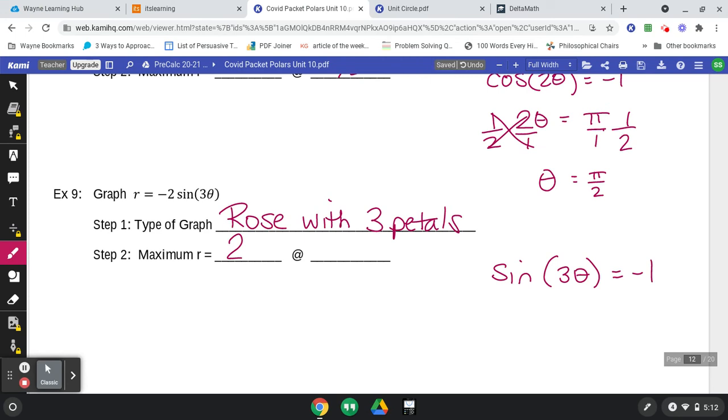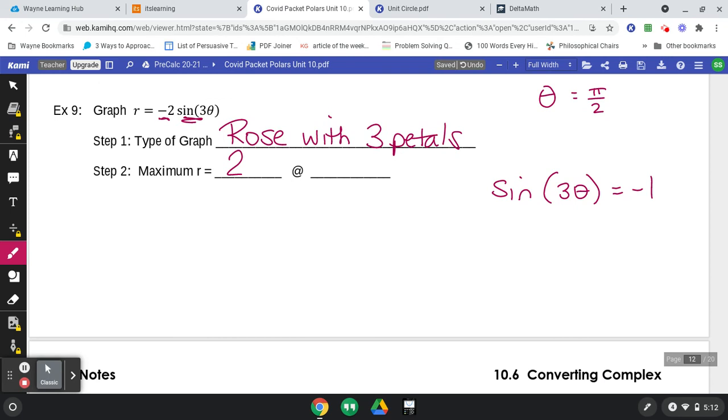You have a rose with 3 petals, maximum of 2. We need that 2 to become positive, so we multiply it by -1. So I'm trying to find where sine of 3 theta is -1. This happens at 3 pi over 2, all the way at the bottom.